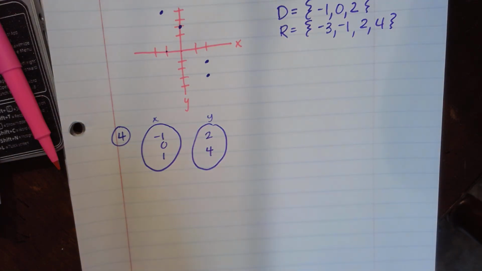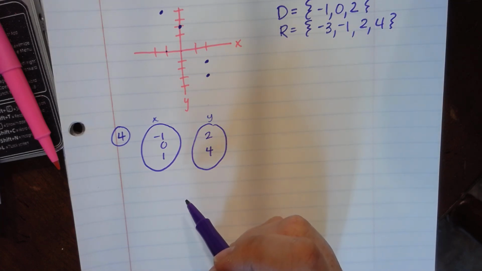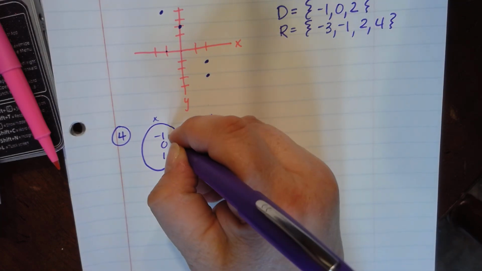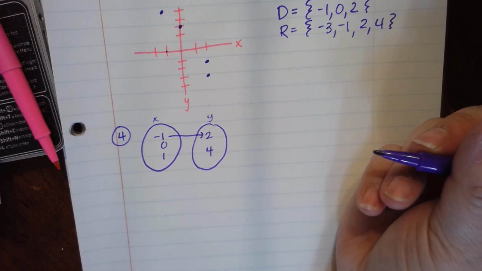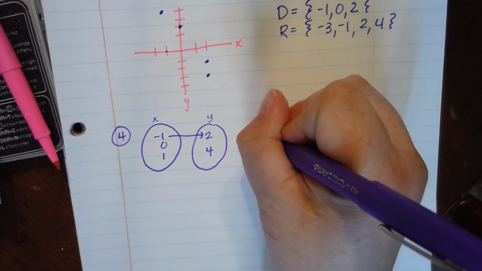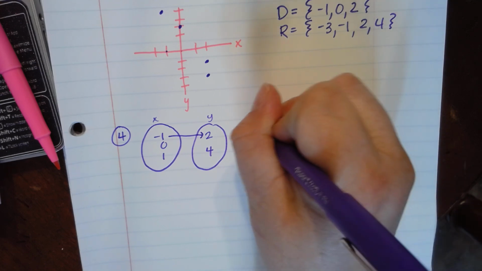All right, so when you're using these, what they'll give you is arrows. So they'll say -1 goes to 2. Okay, so for example, here I would go ahead and write these down so that you have them. But my first coordinate then is x, y, or -1, 2.